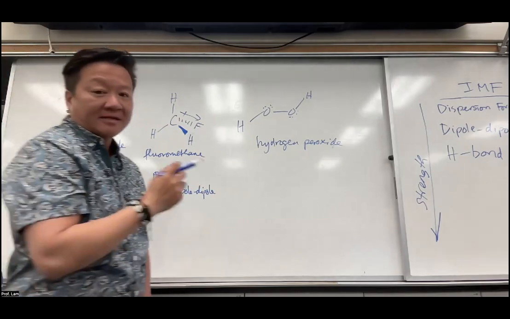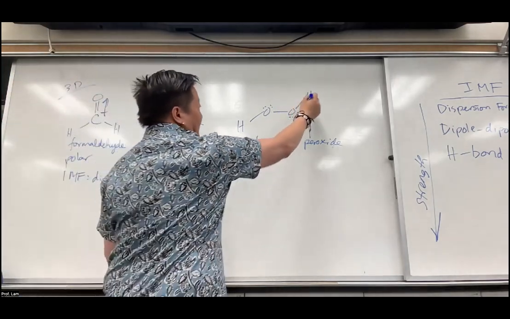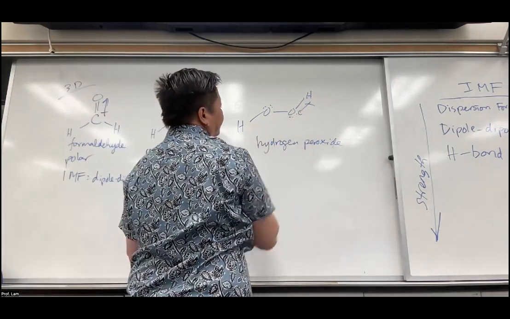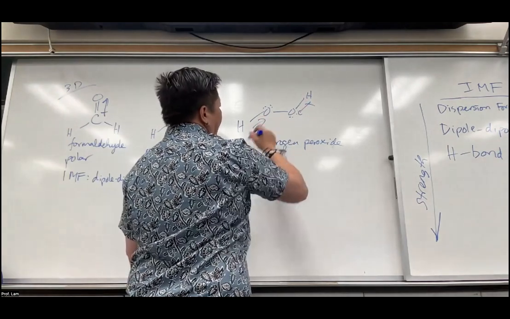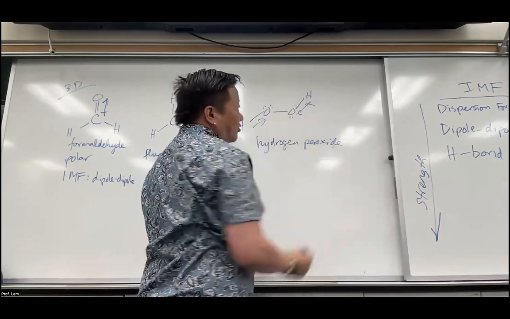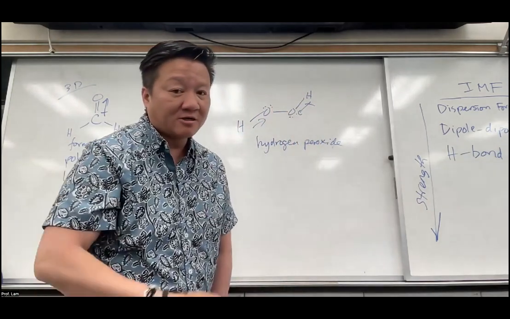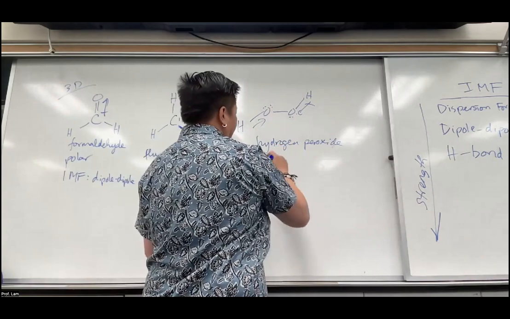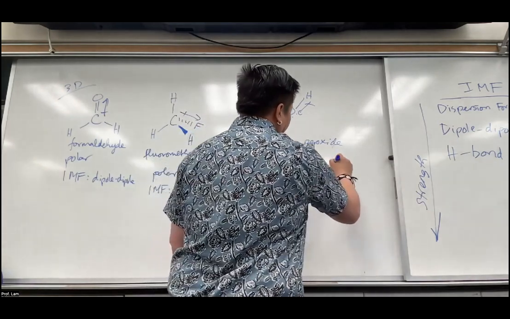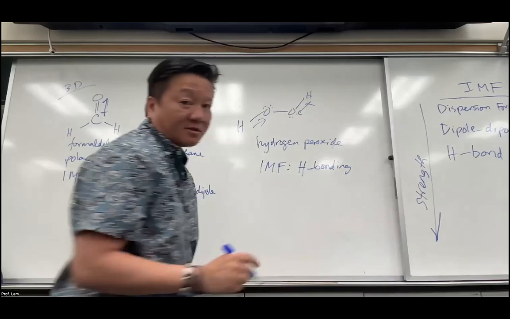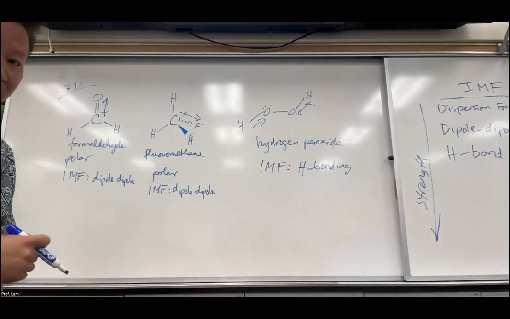Okay, and then this last one is quite easy to see that you have OH bonds. You don't even need to draw arrows anymore. As long as you see OH bonds, it's going to be hydrogen bonding.